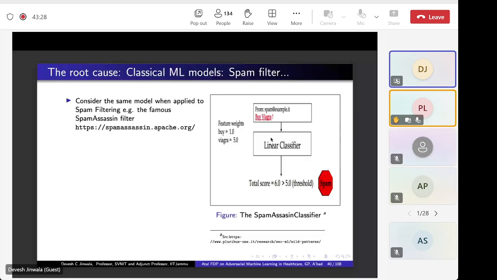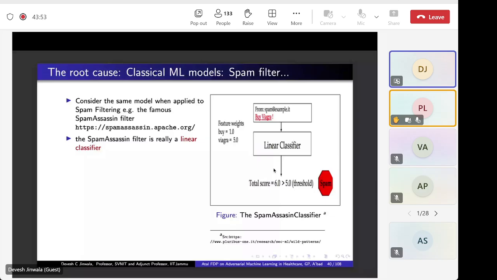Any machine learning system is data driven, that I think all of us know. So it would be trained using certain data features, such that if the input has some characteristics like buy or Viagra or a sale advertisement, then attach some weights to these features.